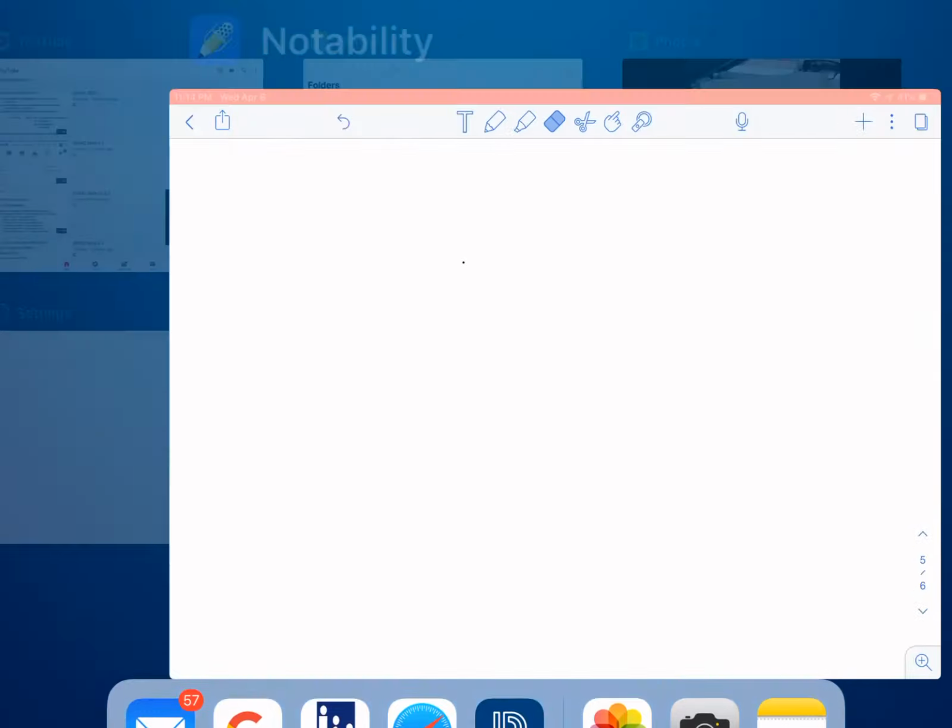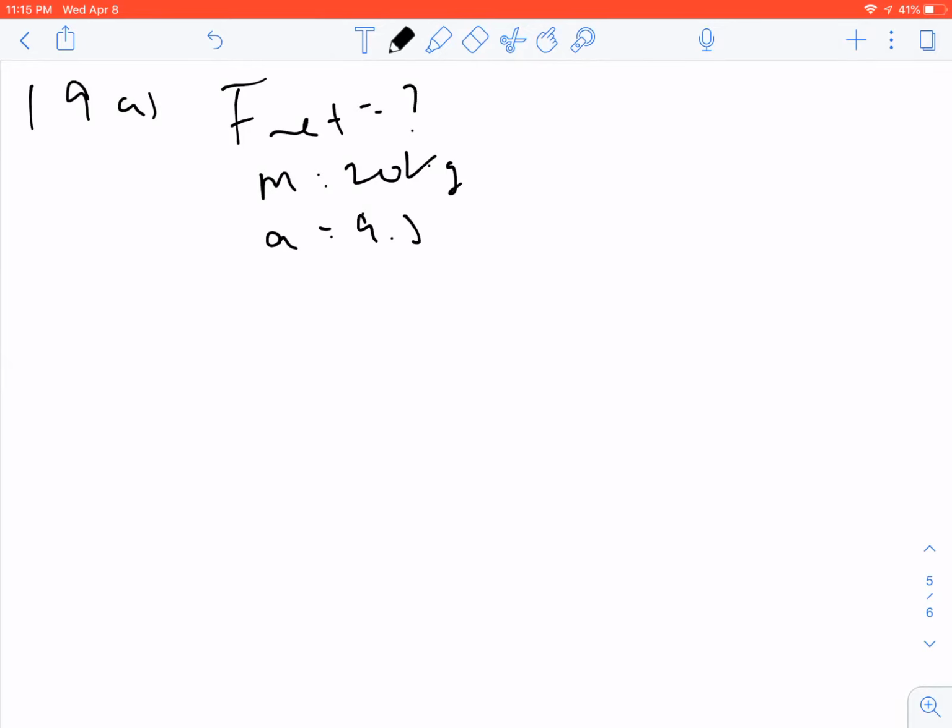So if I go back to my blank page here, for question 19a, I've got my unknown. It says calculate the net force. F net is unknown, acting on a 20 kilogram object that's accelerating at 9.8 meters per second squared.